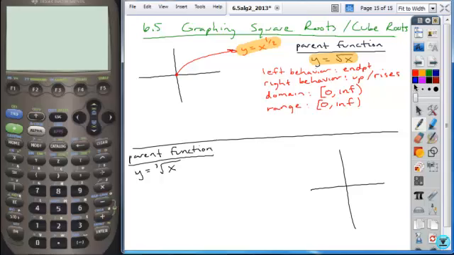All right, let's take a look at the parent function for any of the x cubed type graphs. Okay, this is what just a generic x cubed graph looks like.